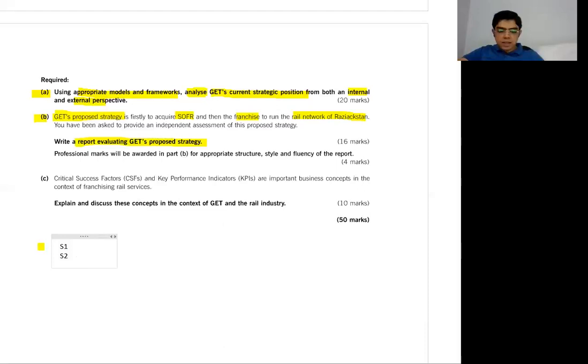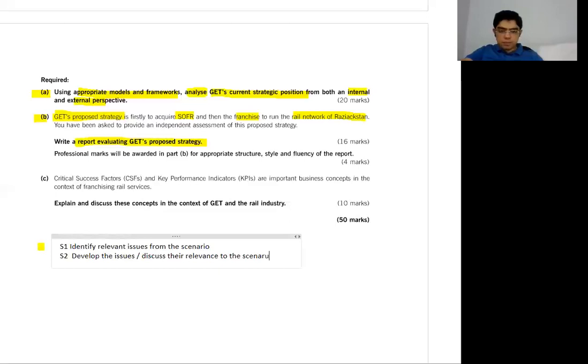Step 1 is to identify relevant issues from the scenario. And step 2 is to develop the issues, or to discuss their relevance to the scenario.